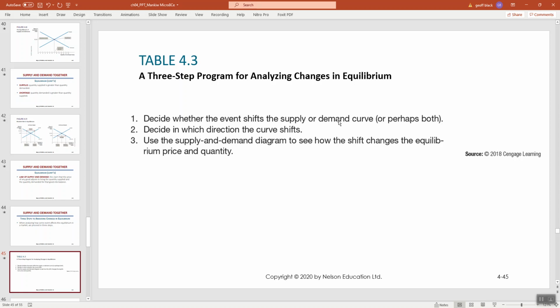So that's the first thing: decide, is it going to affect the supply curve or the demand curve, or sometimes both? Decide what direction the curve's going to shift. Is it going to shift to the right or to the left? And then with that shift, talk to me about the new equilibrium price and quantity. Because if you shift a curve, you're going to shift the equilibrium price and quantity. So let's just do a couple examples.